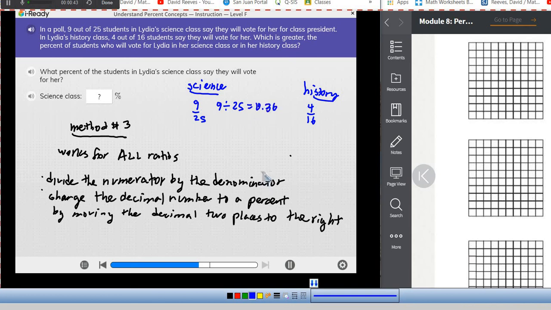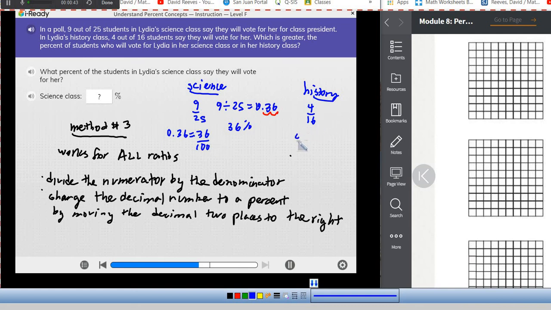And it's okay to use a calculator, all right? And then when I see that decimal number, I need to move the decimal 2 places to the right, and I know that's 36%, because as I showed you in a previous video, remember 0.36 is 36 hundredths, right? So what you're doing is creating a decimal number by dividing the numerator by the denominator, and then you're converting it to the percent.